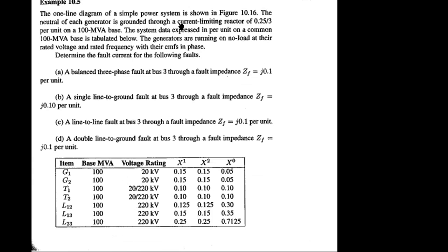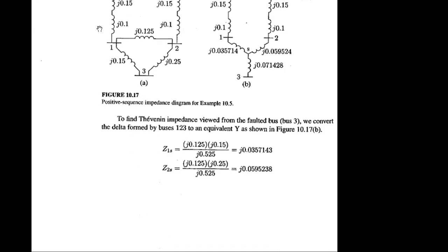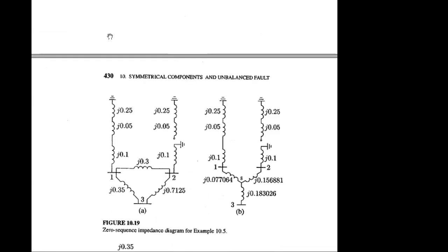Another thing, the current limiting reactor is connected to the neutral of each generator, grounded through a per unit base. You have to consider 0.05, and for zero sequence 0.25.